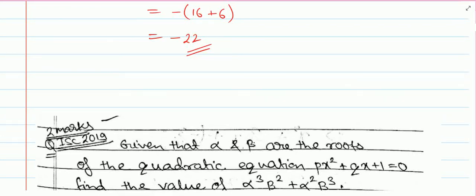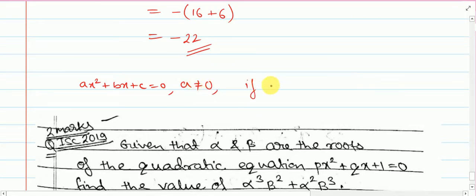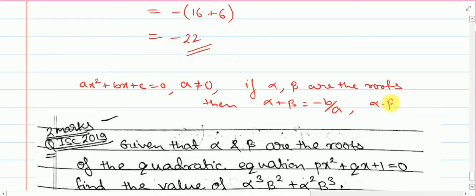Good morning, children. So we have started quadratic equations, and in the previous lecture I had said that for the quadratic equation ax² + bx + c = 0, where a is not equal to 0, if alpha and beta are the roots, then the sum of the roots, that means alpha plus beta, will be -b/a, and the product of the roots will be c/a.